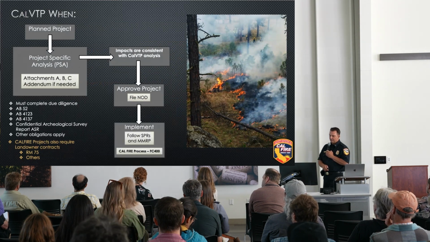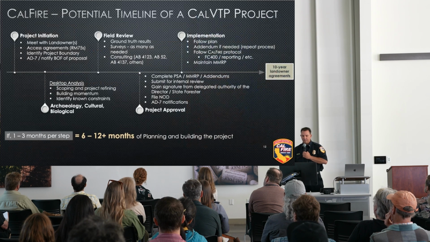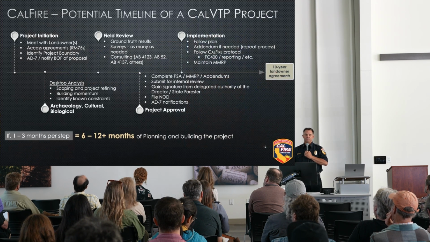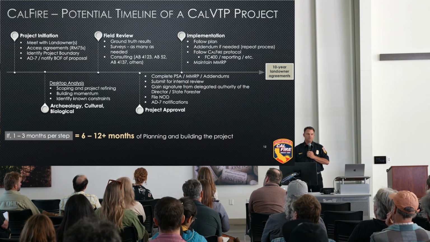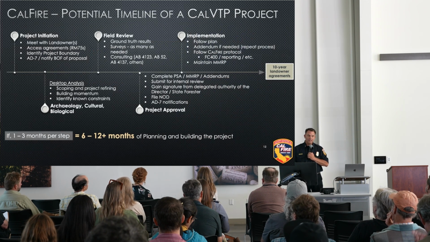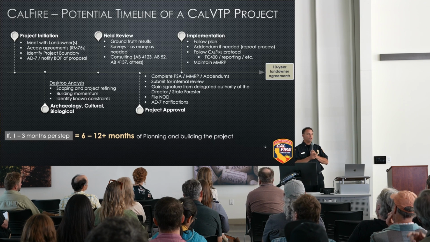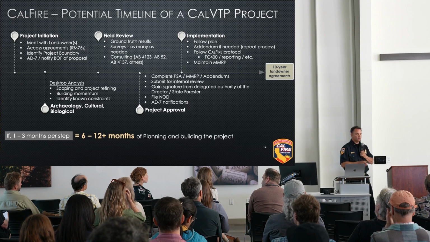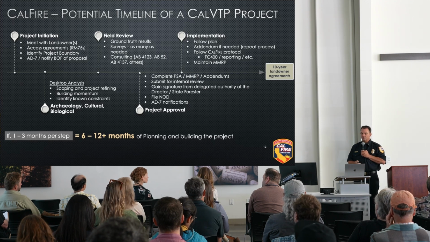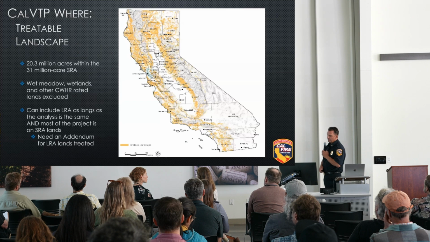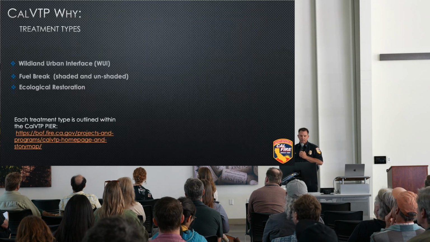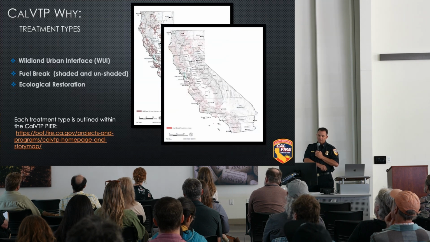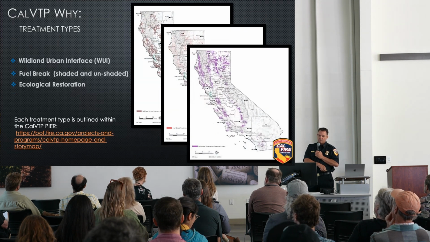All of this takes about 6 to 12 months. Minimum 6 months, 12 months is most likely for each one of these projects, from start to finish. It's not quick, but it is quicker than doing a mitigated neg dec from start to finish. It's already in place. It's already an established process. It's a great, valuable tool for you to use. It's across treatable landscape, different treatment types, whether it's shaded fuel breaks or ecological restoration or fuel breaks.